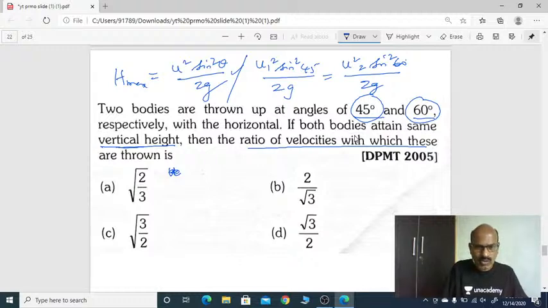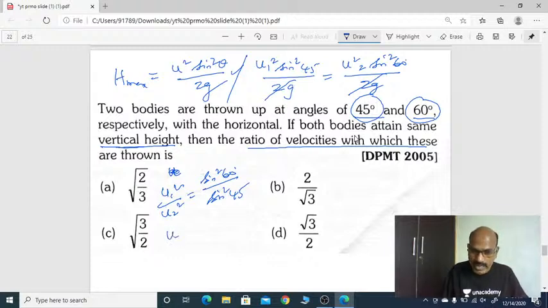So u1 square by u2 square, divide both, bring u2 down here, remaining all will be cancelled, 2g will cancel, you will get sine square 60 by sine square 45.